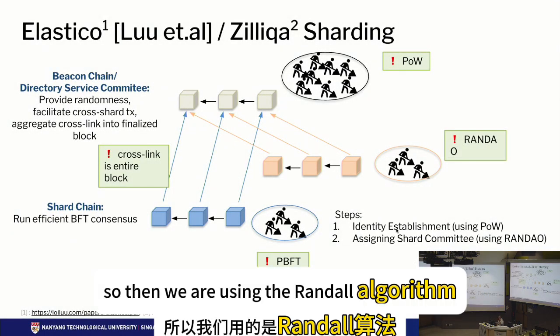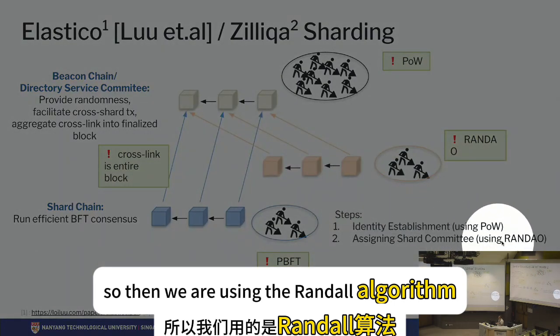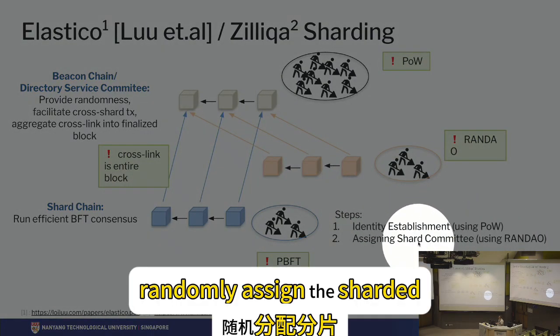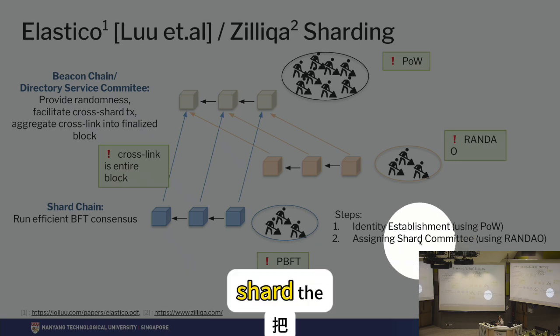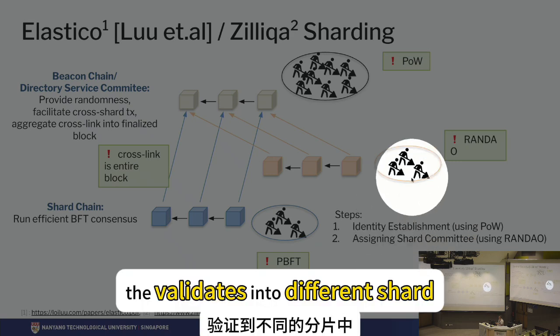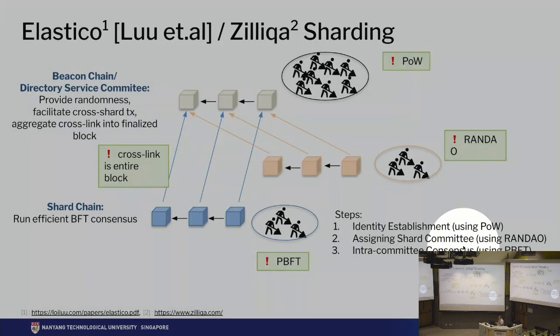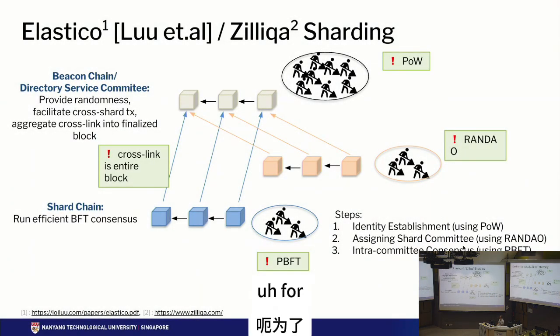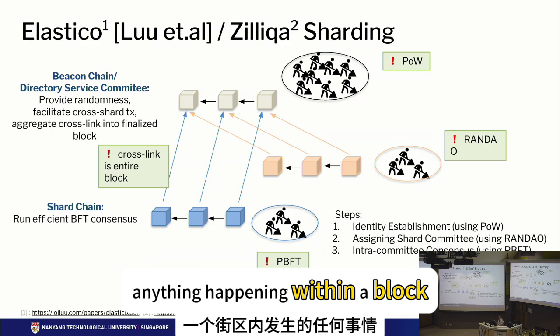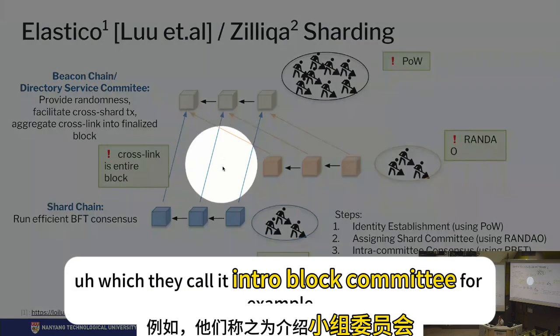Then they use the RANDAO algorithm to randomly assign the validators into different shards. We call it the shard committee. And then for anything happening within a block, we call it the intra-block committee.